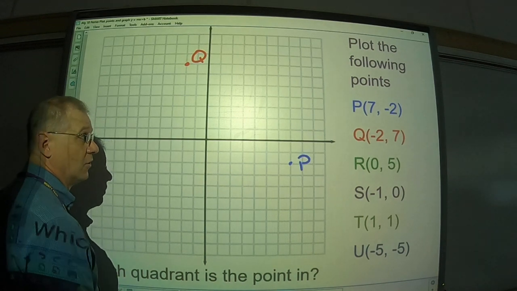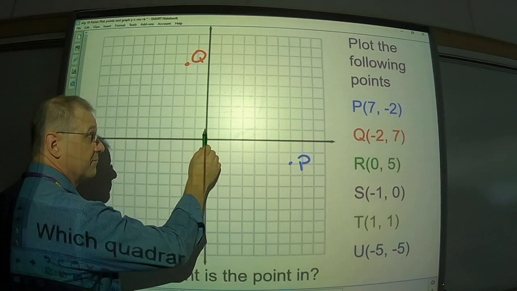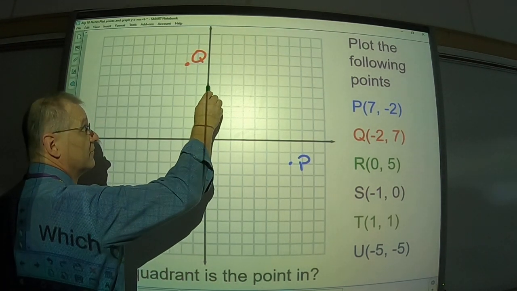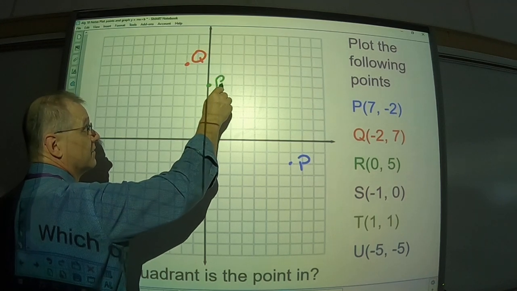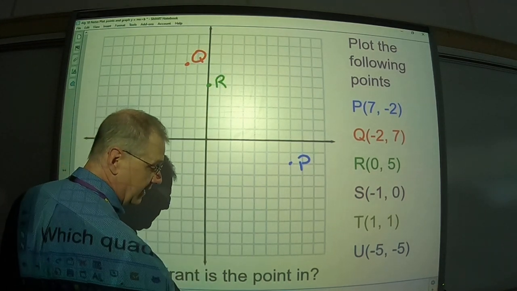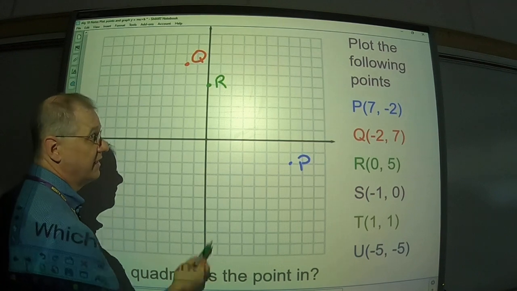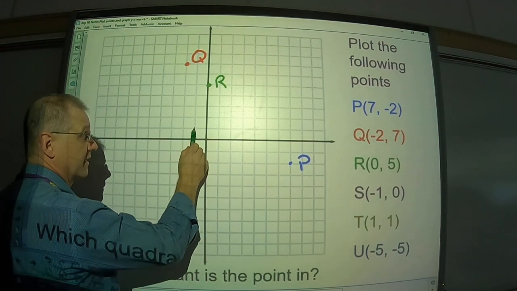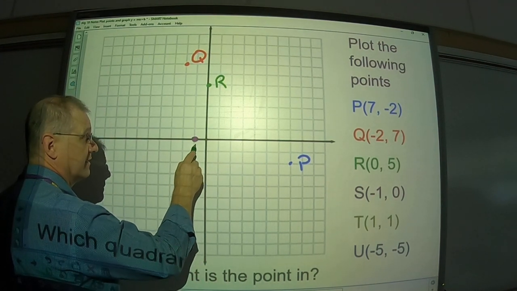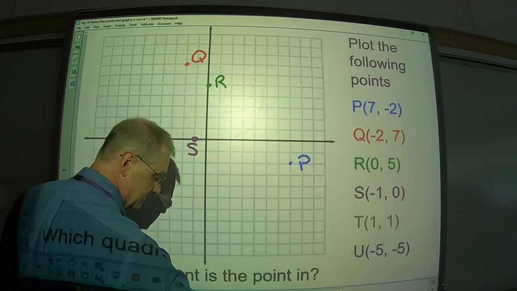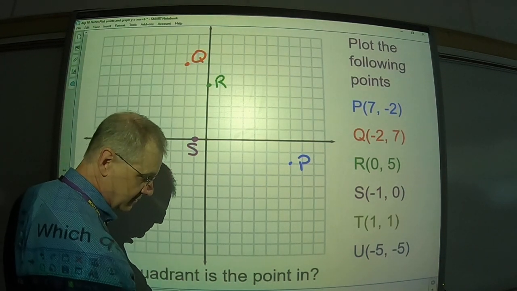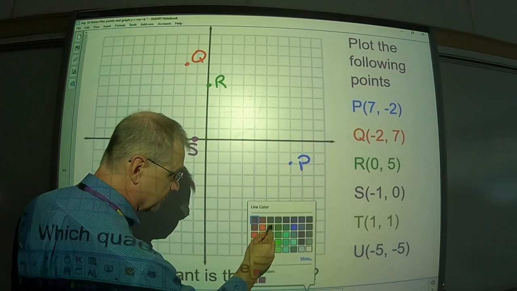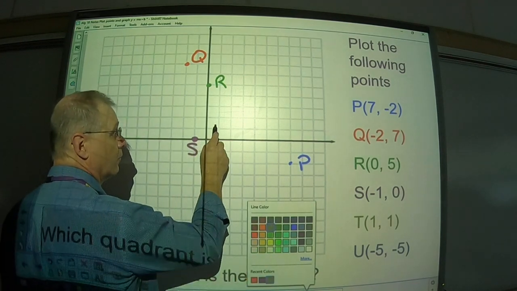R is 0, left to right 0, up 5. There's R. S is negative 1, nothing up or down, so S is right there. T, I'll have to get that color, is 1, 1.